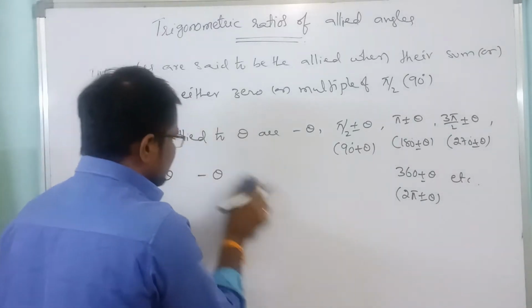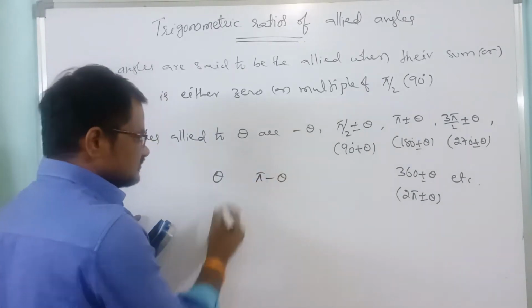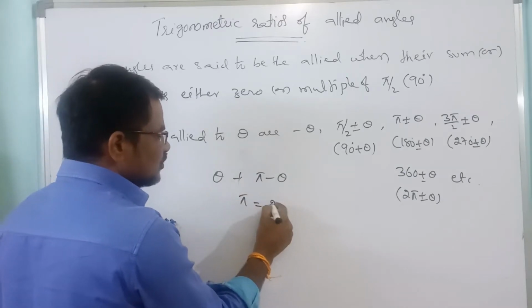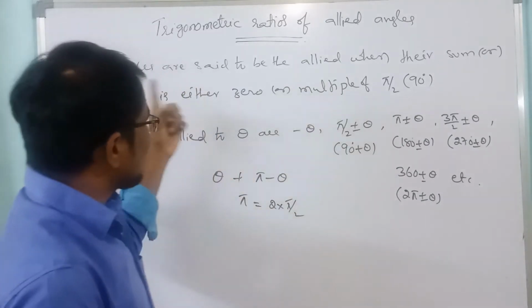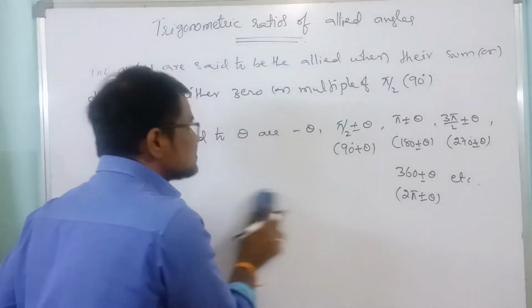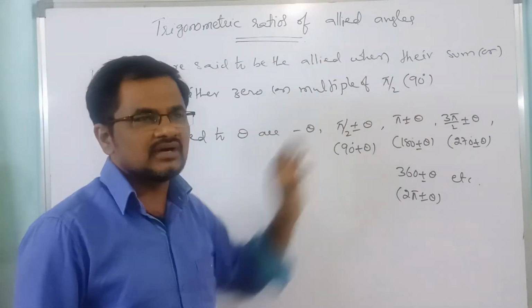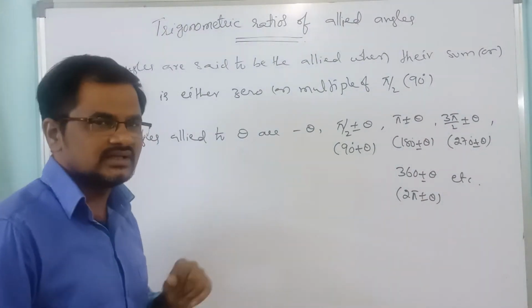Suppose you take theta and pi minus theta, add these two, what will you get? Pi. This you can also write as 2 into pi by 2, a multiple of pi by 2. Means two angles are said to be allied angles if their sum or difference is either 0 or a multiple of pi by 2, means all these angles are allied to theta, right?